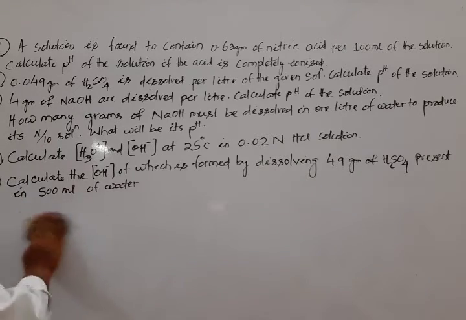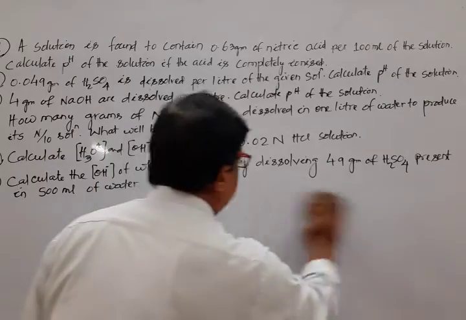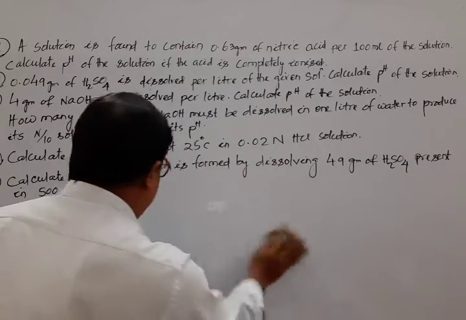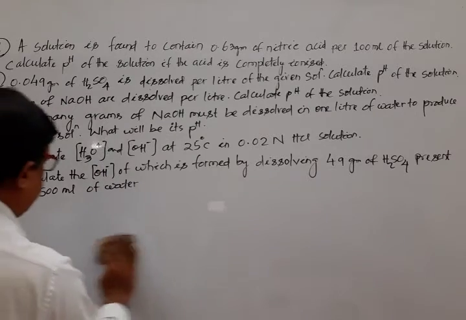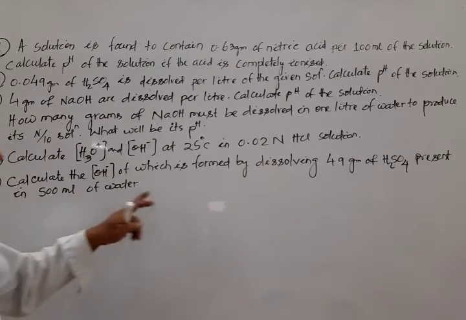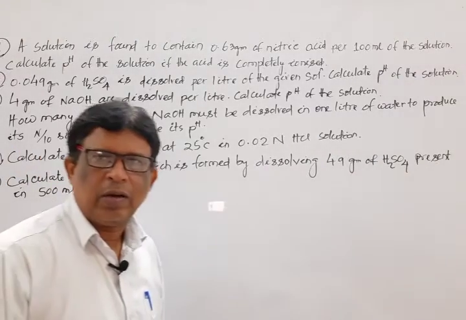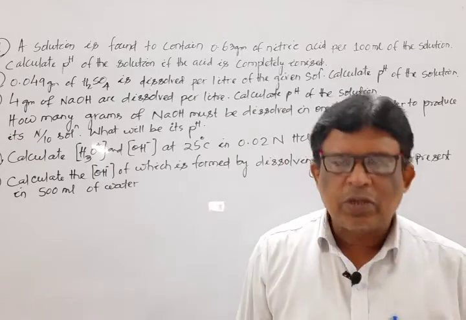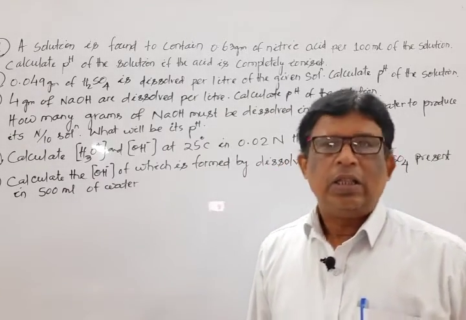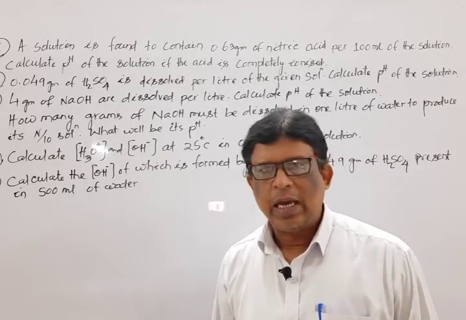Calculate the OH minus ion concentration which is formed by dissolving 4.9 gram of sulfuric acid present in 500 ml of water. So here sulfuric acid is there, but we have to calculate the OH minus ion concentration. For that, first we calculate the H plus ion. As it is an acid, we calculate the H plus ion concentration, then transfer to OH minus ion concentration.